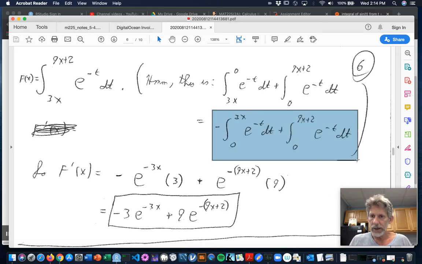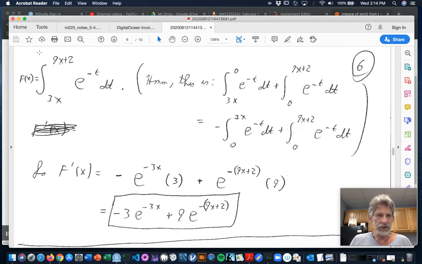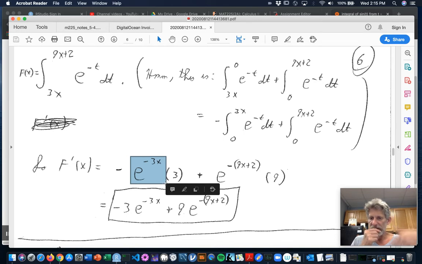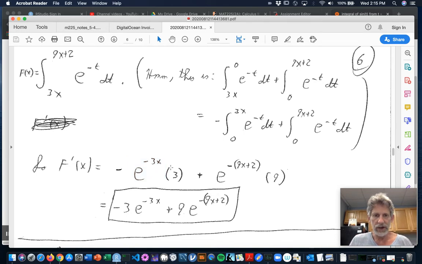So this whole thing here is this function, but it's written in a form where I can more easily take its derivative. The derivative I can get with the sum rule. Derivative of a sum is sum of derivatives. And constant multiple rule, and the second fundamental theorem of calculus. And so I've got minus here, and then I've got e to the upper 3x times derivative of the upper, which is 3.